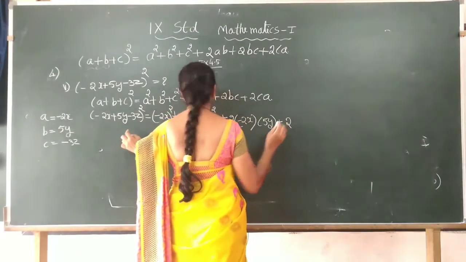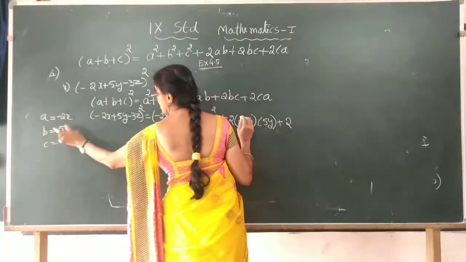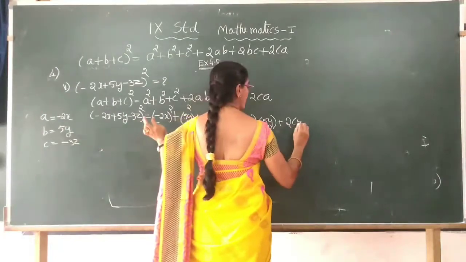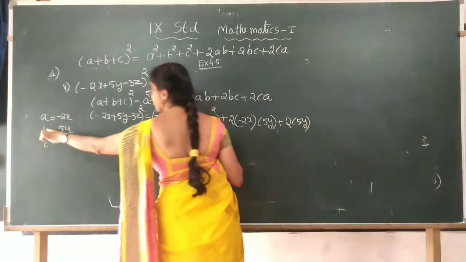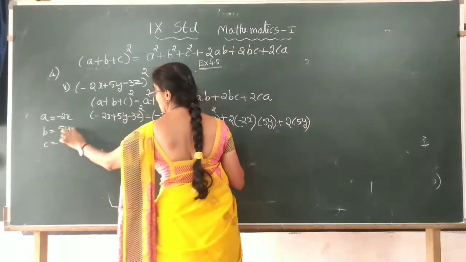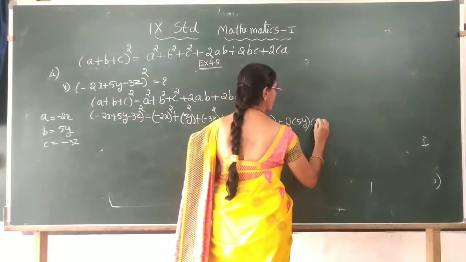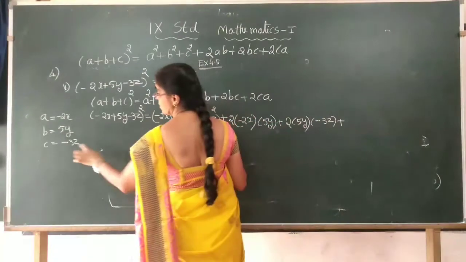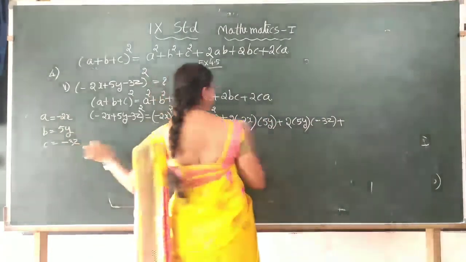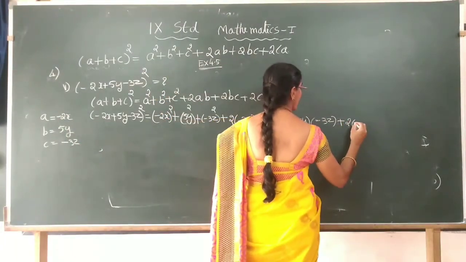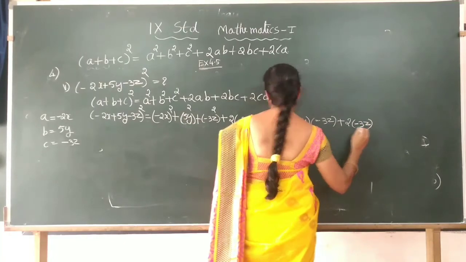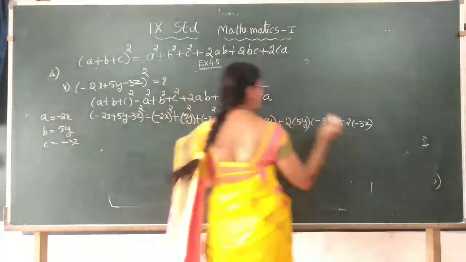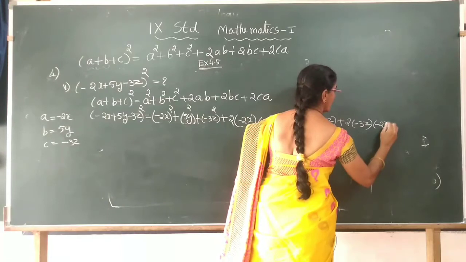Plus 2bc: 5y into minus 3z. Don't multiply here, you multiply here. Plus 2ca: 2, c is minus 3z and a is minus 2x.